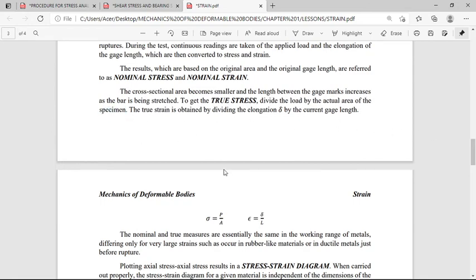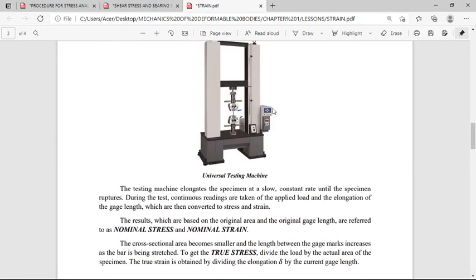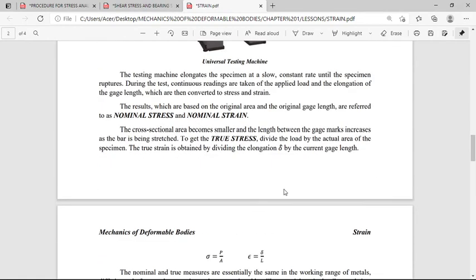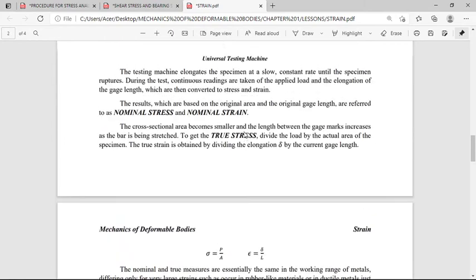Yung true strain is obtained by dividing the elongation by the current gauge length. So, yung elongation niya, sukatin mo kung ano yung hinaba niya, over dun sa kasalukuyang haba nung gauge length.